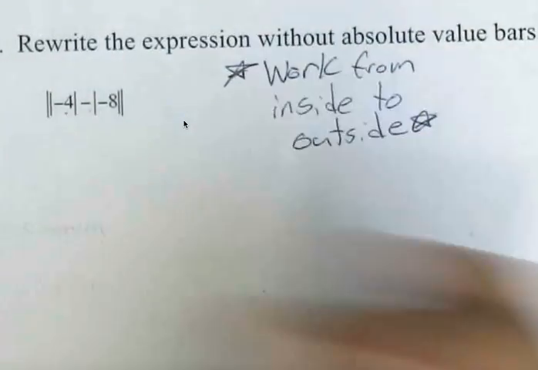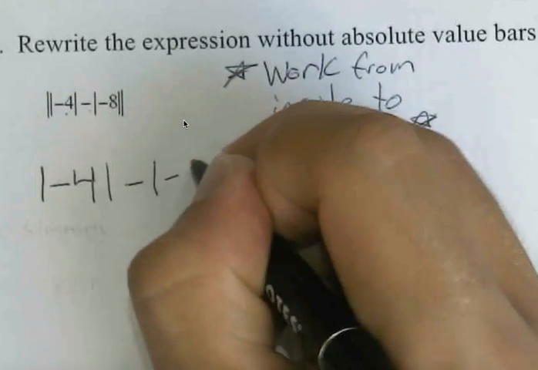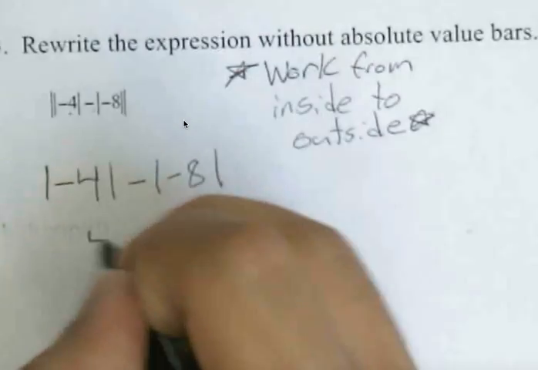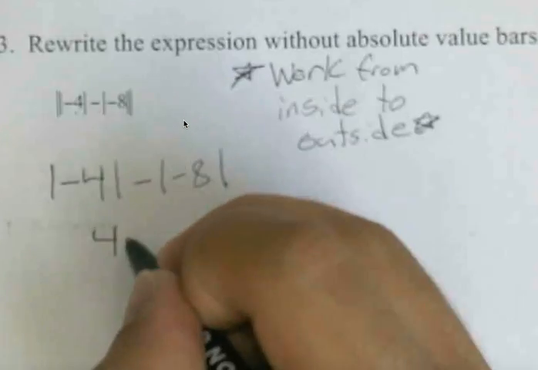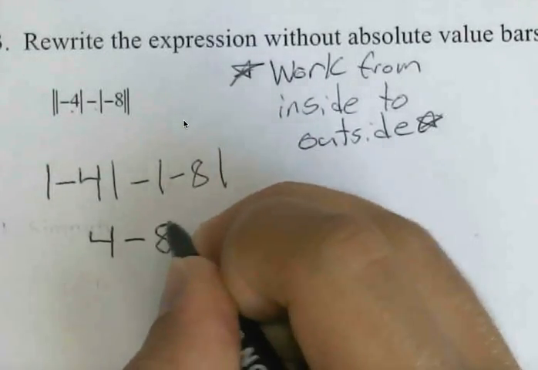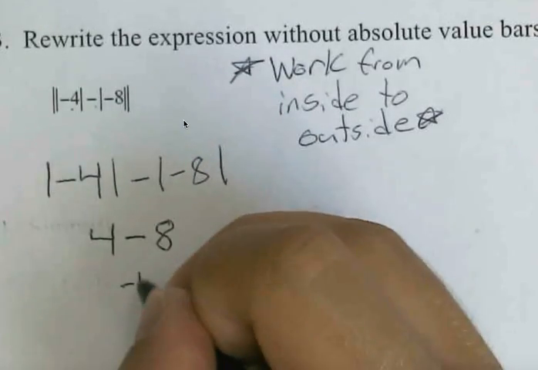So way in the middle, I see absolute value of -4 subtracting absolute value of -8. Absolute value of -4 is going to be +4. You've seen this in Algebra 1 and Algebra 2. We're then deducting the absolute value of -8, which is going to be deducting 8. This gets 4 minus 8, so that's -4.